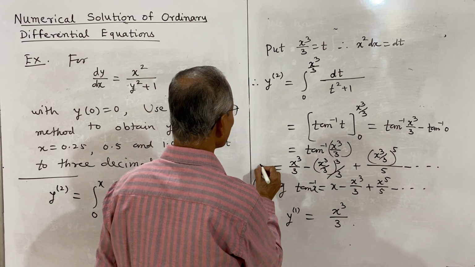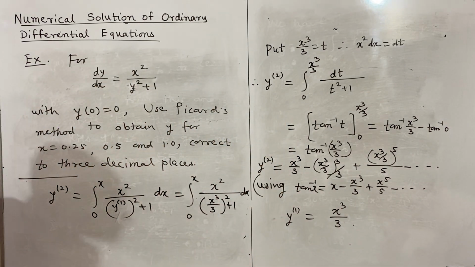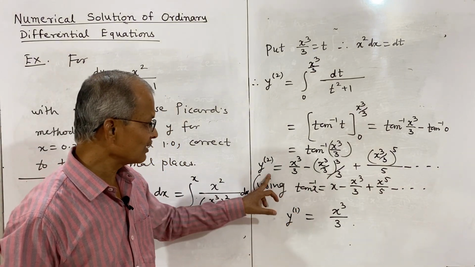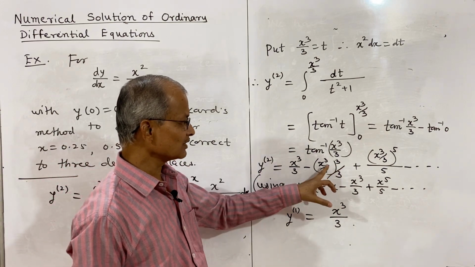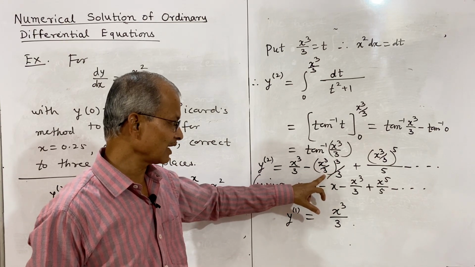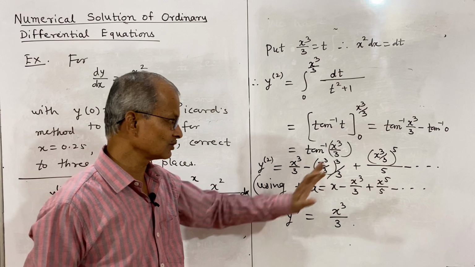So this is what we have obtained as y2. We may see y1 has first term x cube by 3, y2 also has first term x cube by 3, and the next terms are higher power terms, that is x raised to 9 divided by 3 cube into 3, that is 3 power 4, which is 81, and so on.